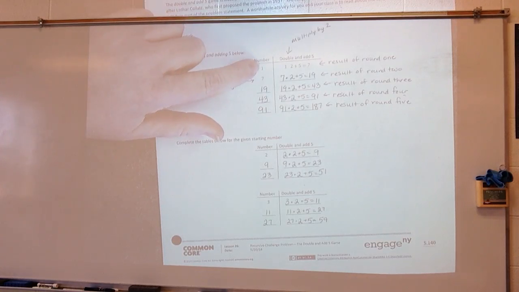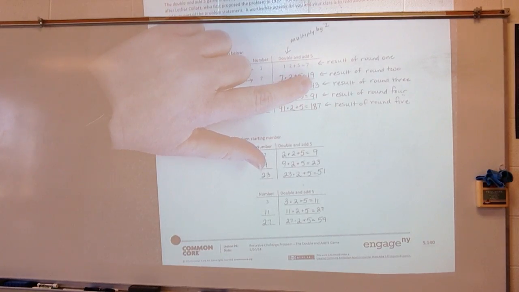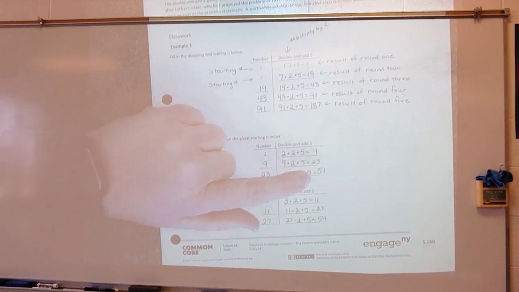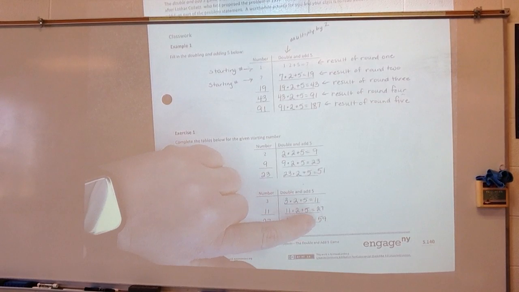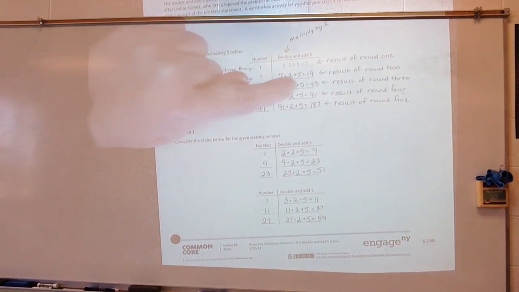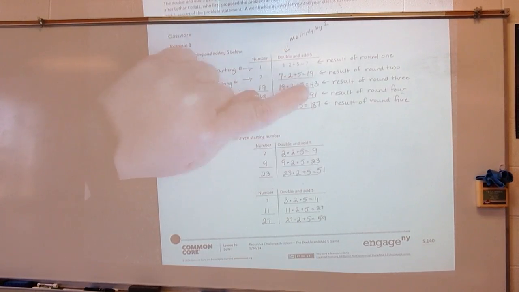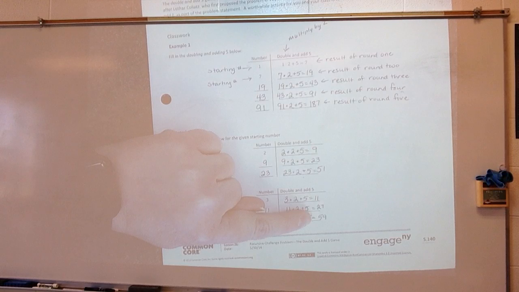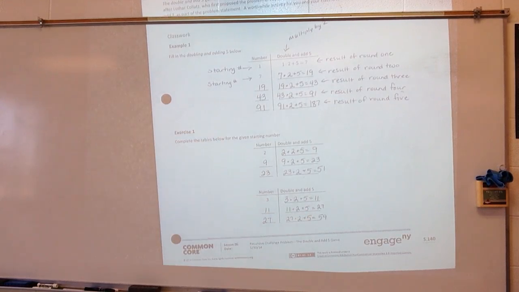I started with 1 here and got 43. I started with 2 here and got 51 at round 3. I started with 3 here and got 59 at round 3. Look what happens. 43 to 51 is 8. 51 to 59 is 8. They're increasing by 8.